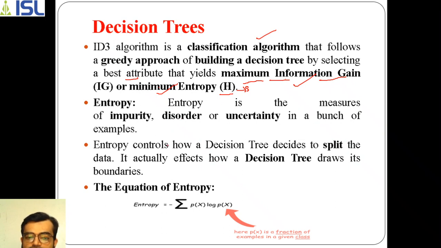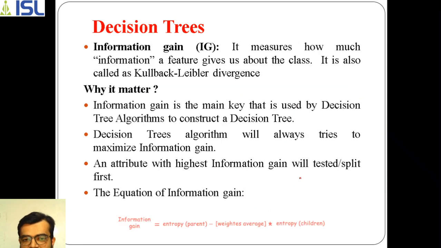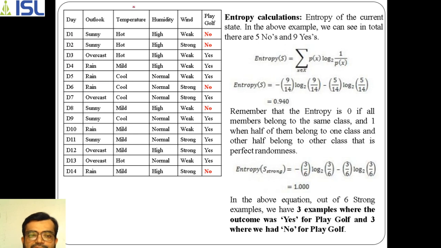So this entropy actually controls the decision tree. Here is an example data set, with the attributes outlook, temperature, humidity, and wind.